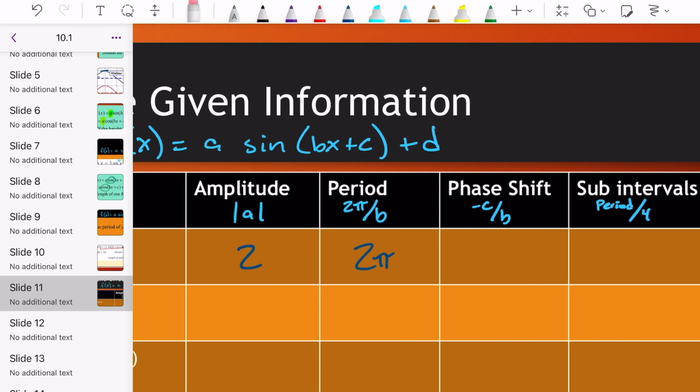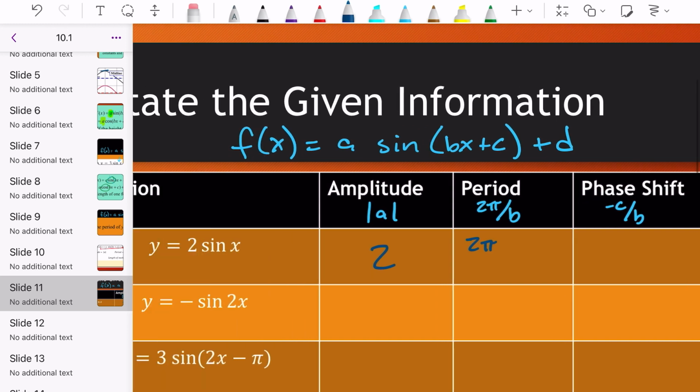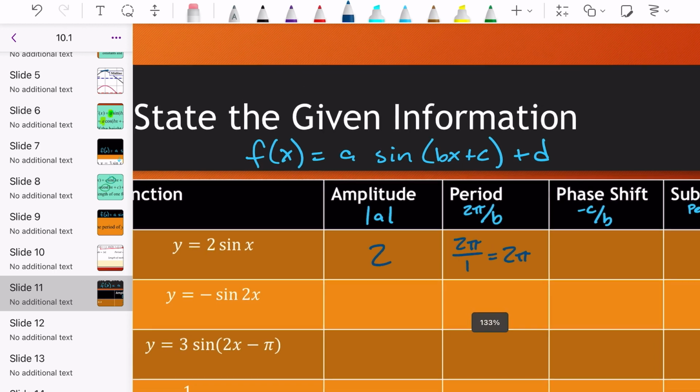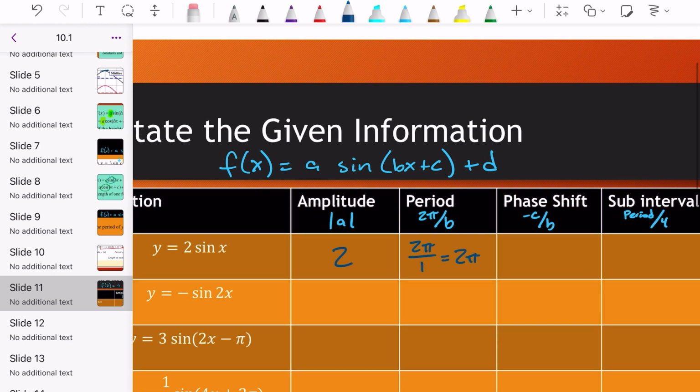So on this slide, keep in mind we have 2 pi, and for this equation, our b is actually 1, which means 2 pi is our answer. Next, negative c over b for our phase shift.